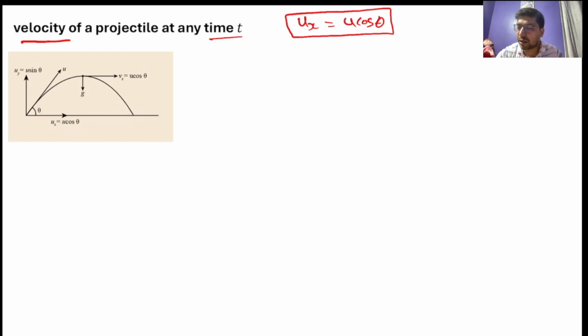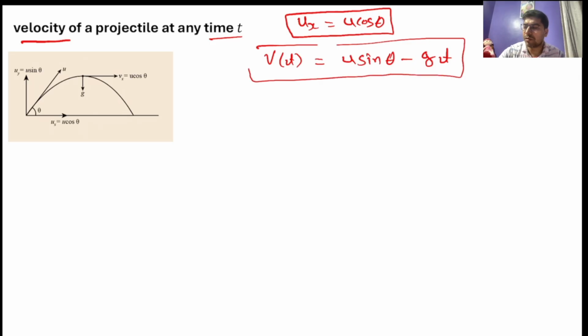But what about the vertical velocity? Vertical velocity for any time t will be the initial velocity u sine theta minus gt. How did we get it? Using the first equation of motion, u sine theta minus gt. Clear?